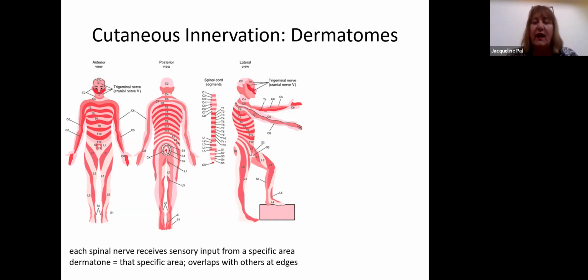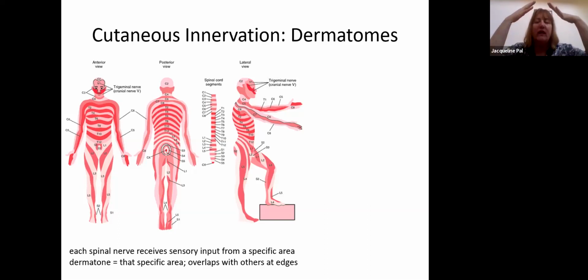And there is overlap. For instance, if this is the dermatome for T5, which I was mentioning before, it's about 2 inches wide. And the bottom inch is going to have overlap from the dermatome for T6, and the top half inch will have overlap from the dermatome for T4. So only part of it in the middle is only T5.